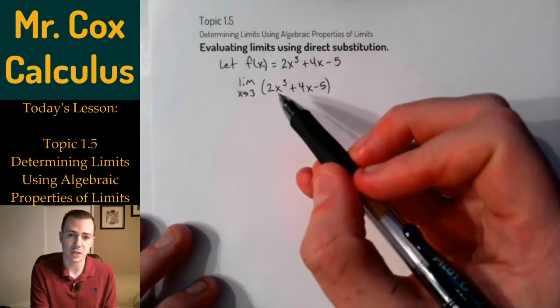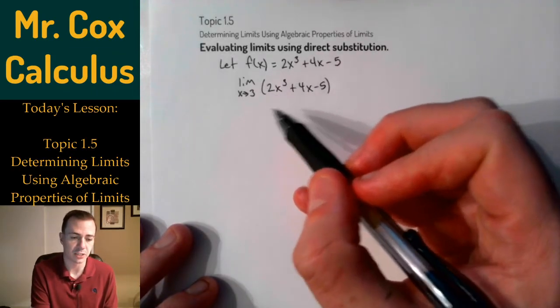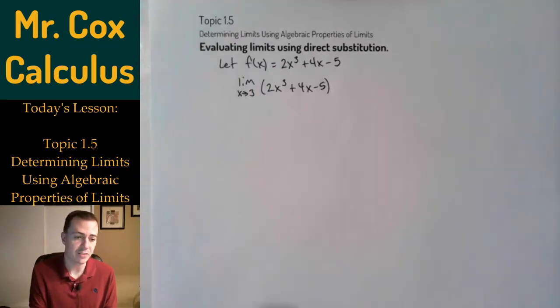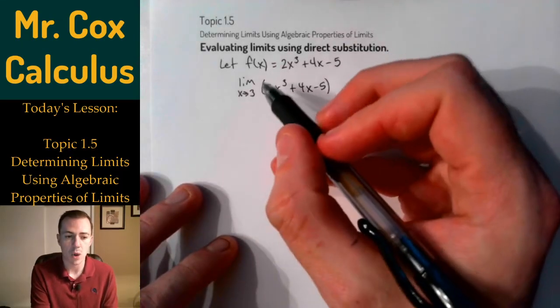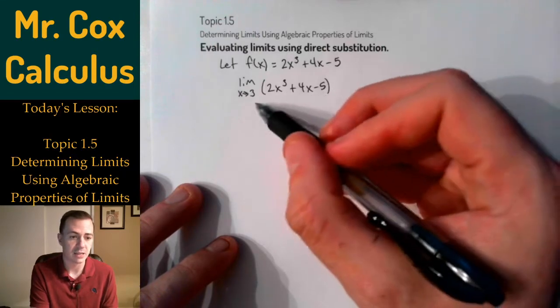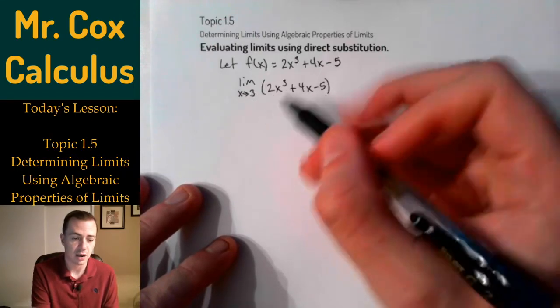So let's take a look at what we have here. We have a trinomial expression, 2x cubed plus 4x minus 5. I have the sum or difference property of limits, and that allows me to break this up into the sum and difference of the limits themselves.